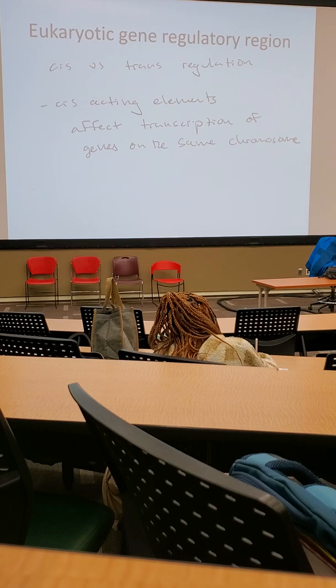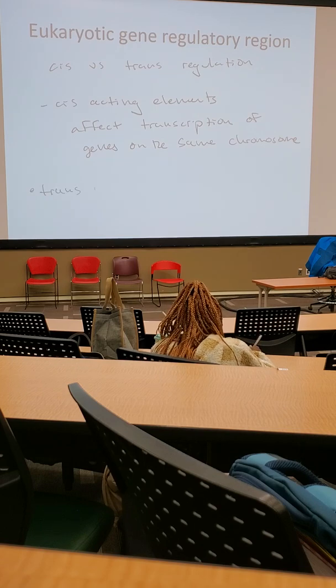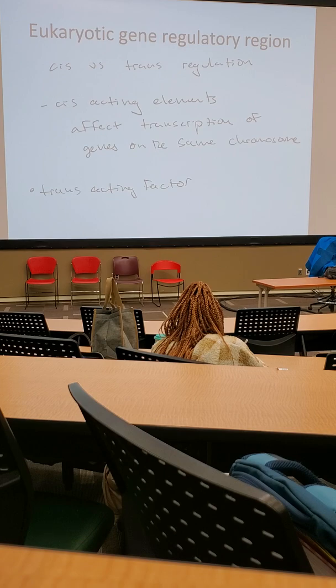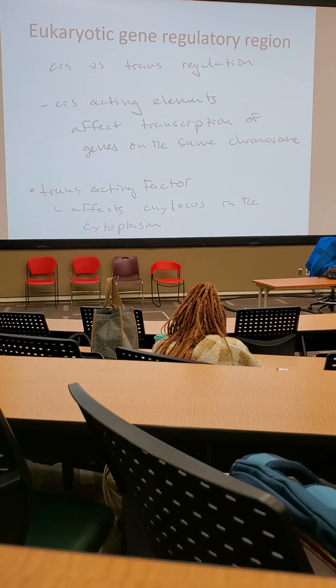By contrast, the trans-acting factor can affect anything in the cytoplasm that it co-occurs with. What does that mean? It could be really far away from the gene of interest. It could be on a different chromosome, but it's mostly going to be a protein.